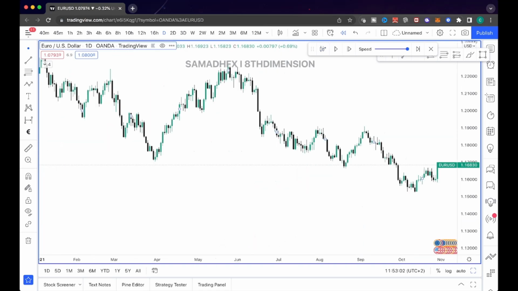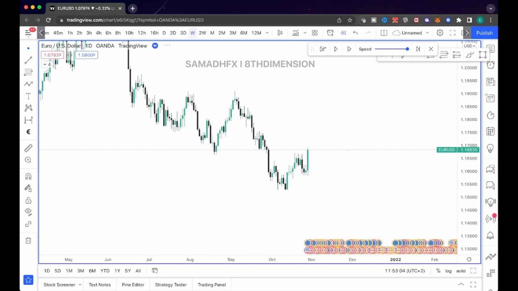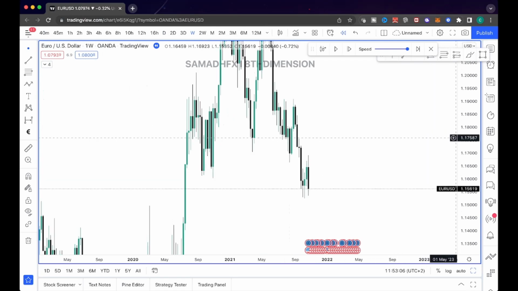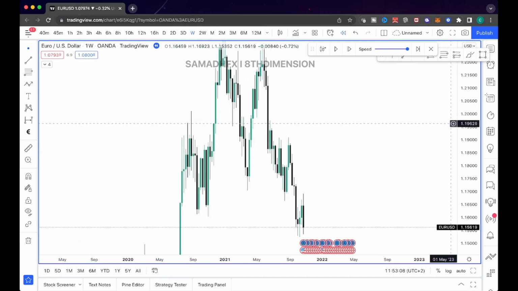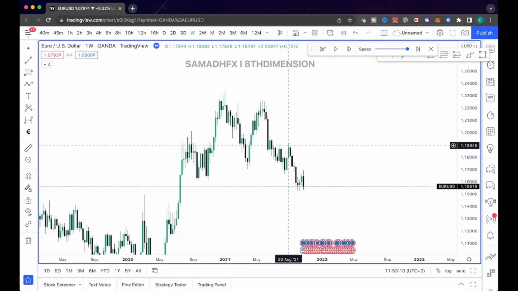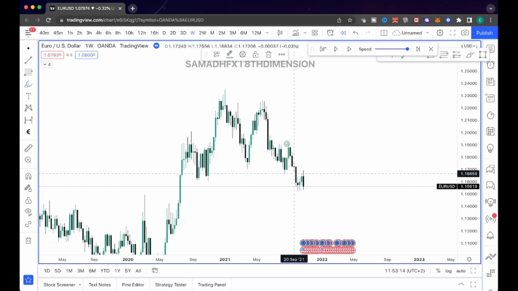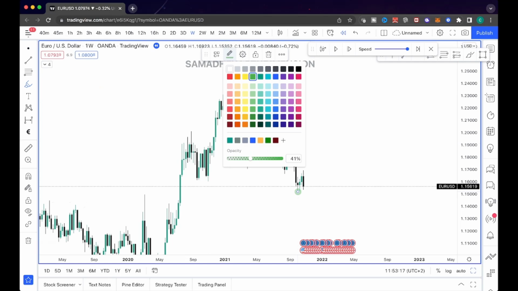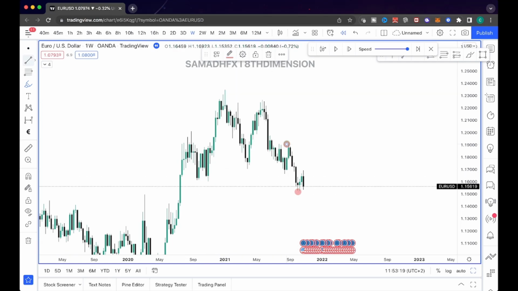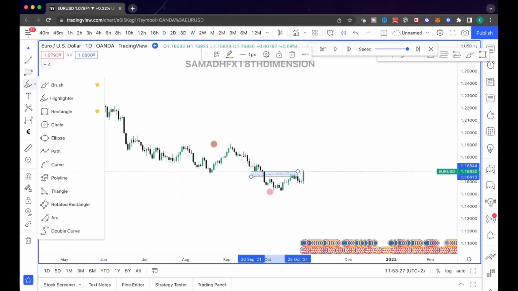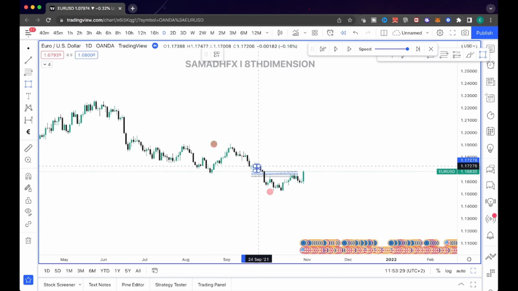Now, in terms of weekly direction, we have this lower high and this lower low, and we have this imbalance, and we have this daily supply.